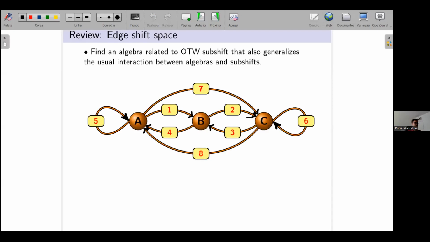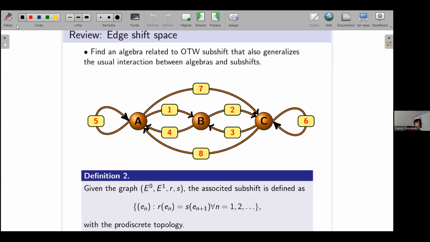So if you just have a finite graph like this one, the subshift is just all the infinite paths that I can follow in the graph.